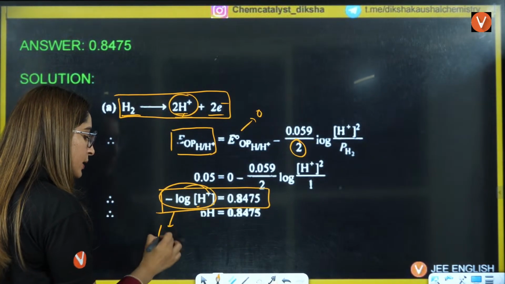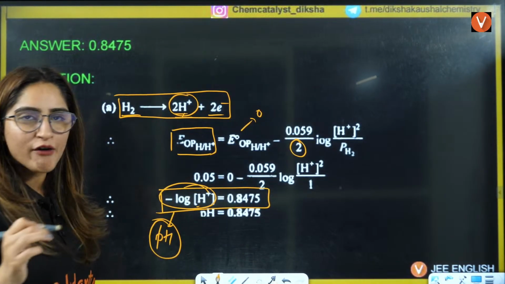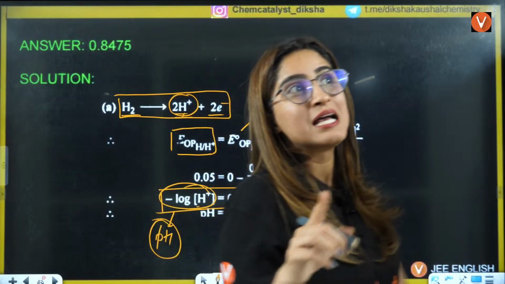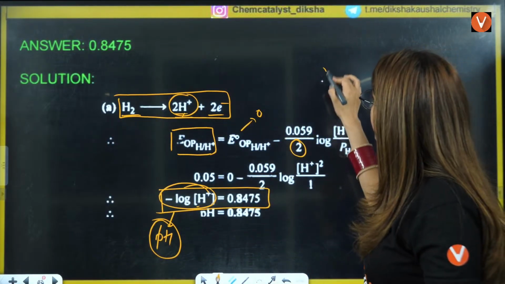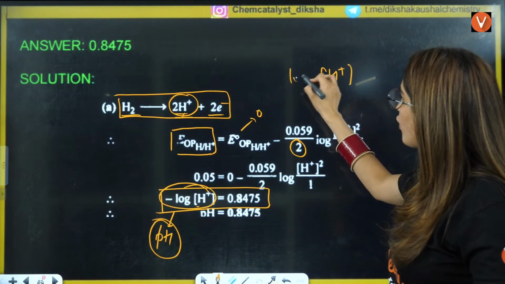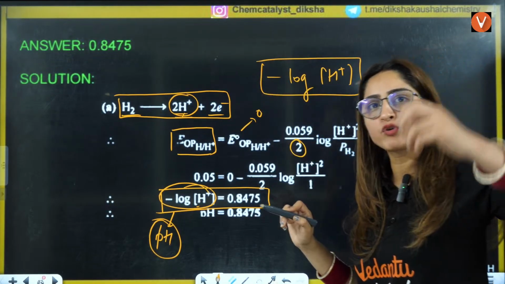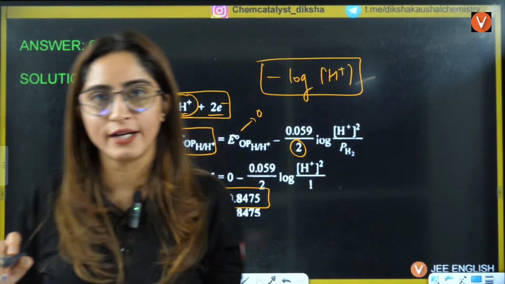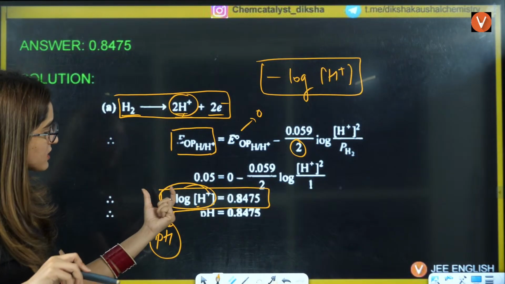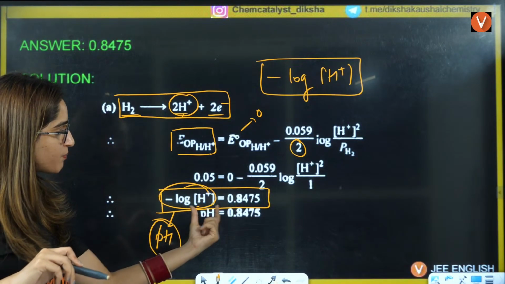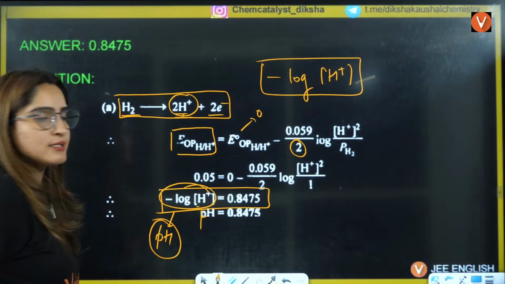That is nothing but pH. So basically, instead of solving the value of H positive, solve for log and minus as it is, so that you don't have to take the anti-log and log again and again. So directly you will see minus log of H positive, that is the pH value.